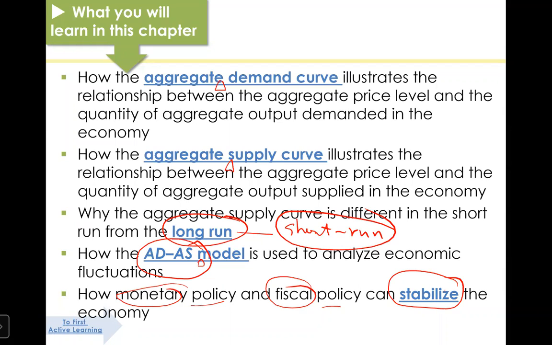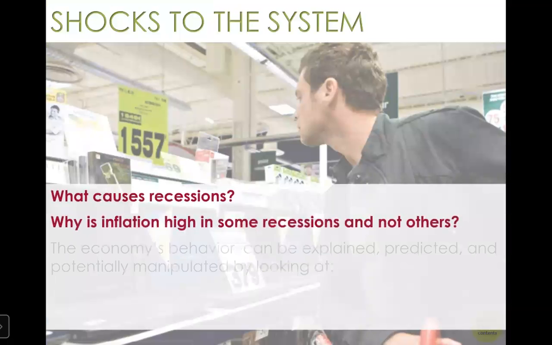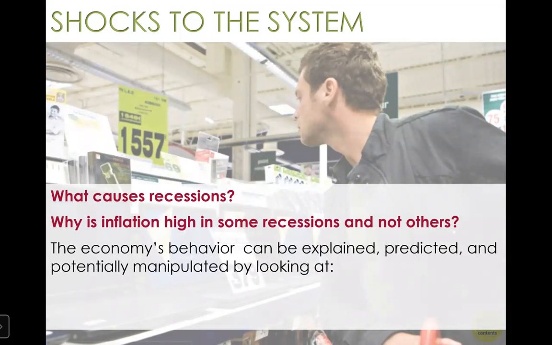Certainly, everything comes with a cost. There's a trade-off. Okay, so let's start with aggregate demand. By the way, these things also help us answer the questions: what causes recession? And why is inflation high in some recessions, but not others, right? Okay.